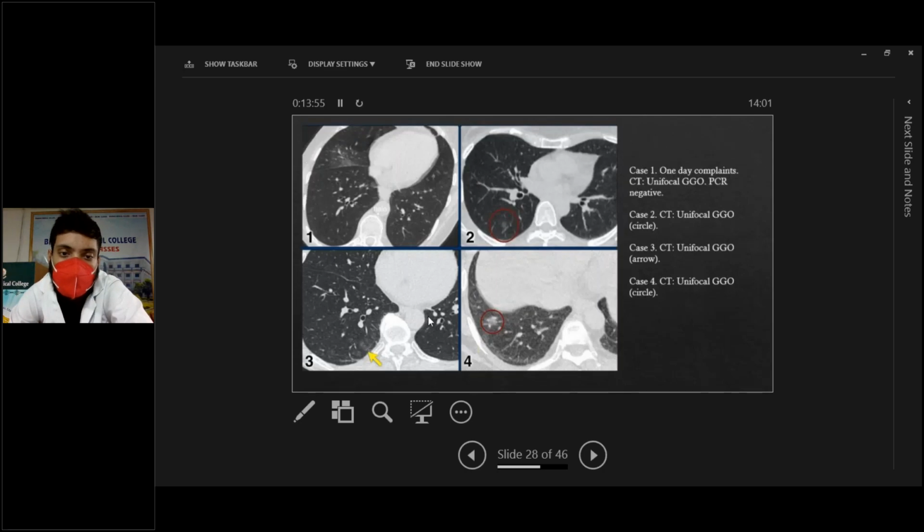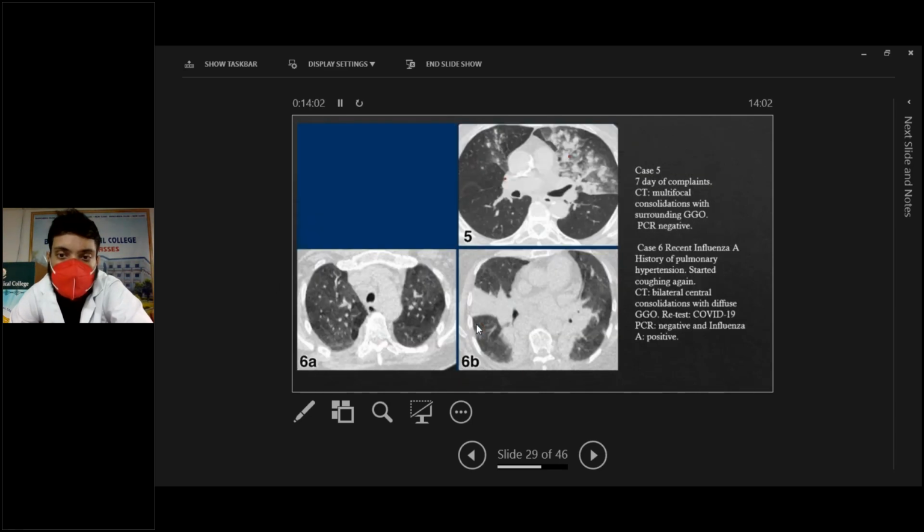For example, these are 4 various cases where we have unifocal ground glass opacity in various locations. These are the same images with multifocal areas of consolidation where the PCR was negative. The 6th case was positive for Haemophilus influenzae.